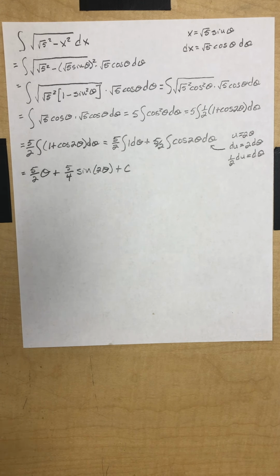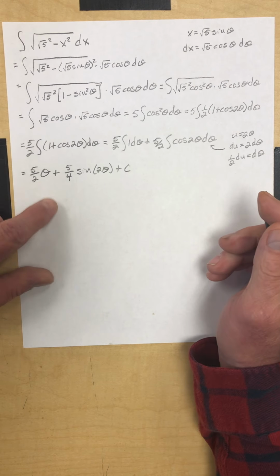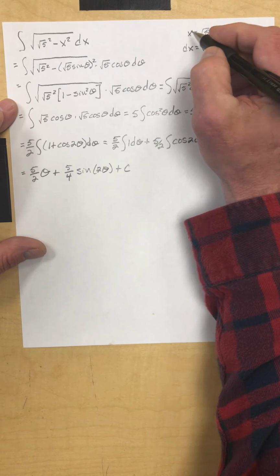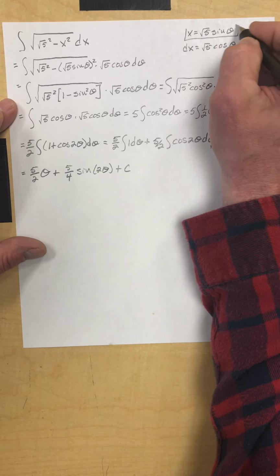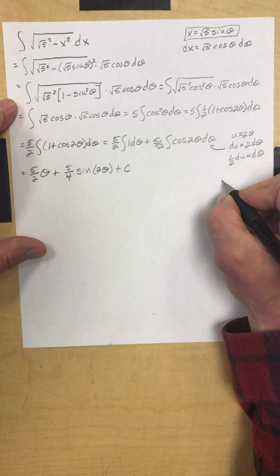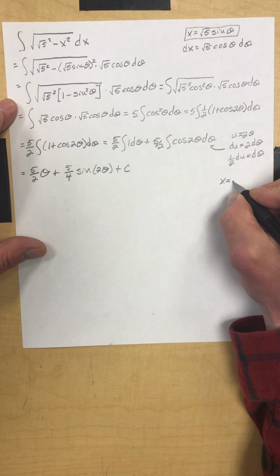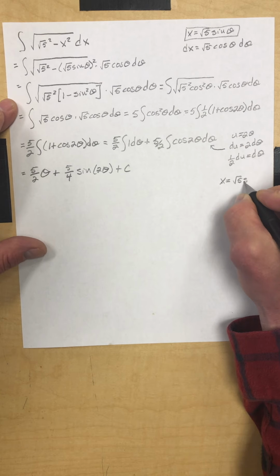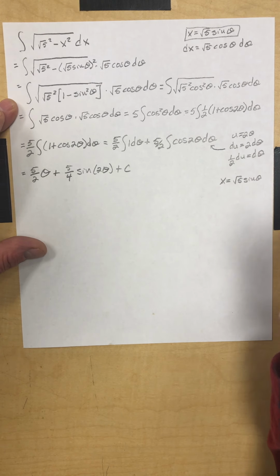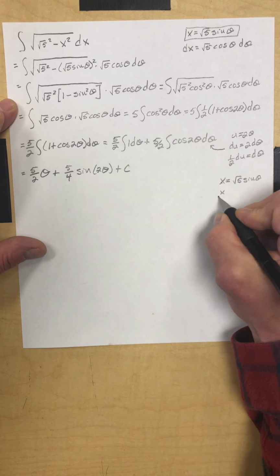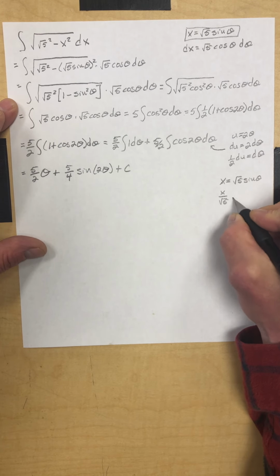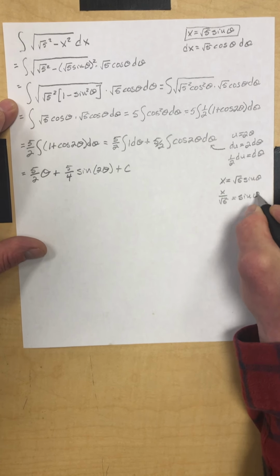Okay, so we've got to deal with these thetas now, just like in the last one. First things first, let's deal with this guy. Obviously, if you have x equals radical 5 sine of theta, then x over radical 5 is sine of theta.